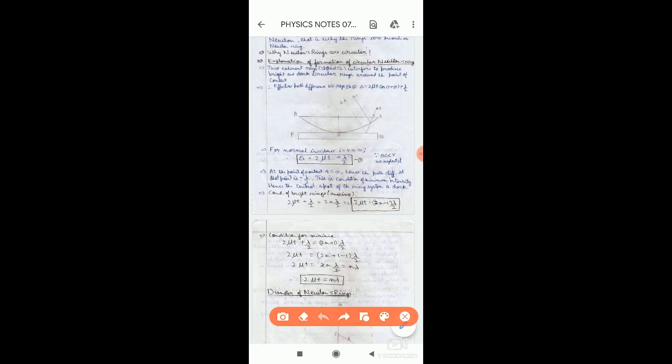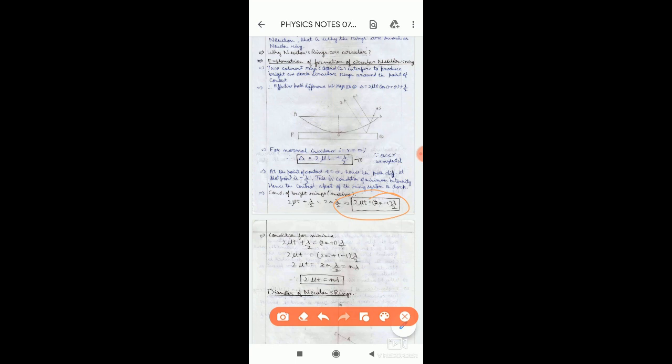Now the condition for bright rings, the condition for maxima. As we have the path difference, now we can find it out. In the condition for maxima, the path difference should be an even multiple of lambda by 2, so 2 mu t plus lambda by 2 equals 2n lambda by 2. It becomes 2 mu t equals (2n minus 1) lambda by 2.